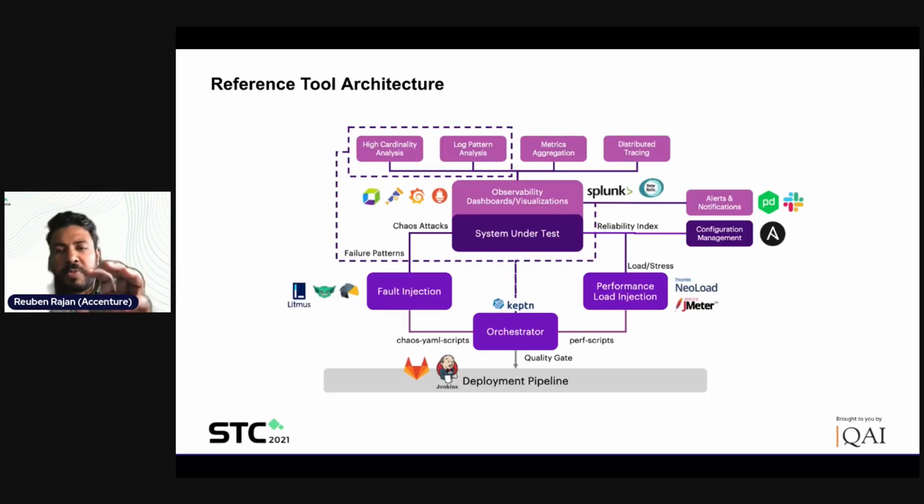Now, I just want to throw out some of the tools that we could use together. Some of these tools are used separately for their own separate purposes. But if you are able to stitch this together in an automated fashion, you could achieve continuous resilience.